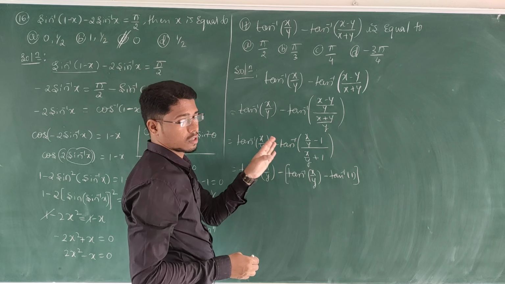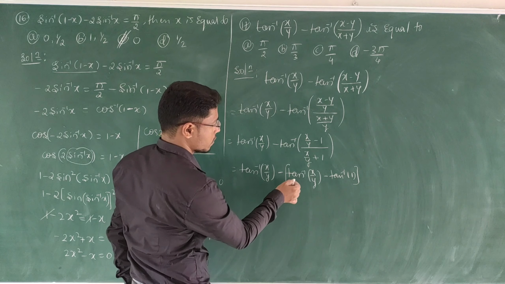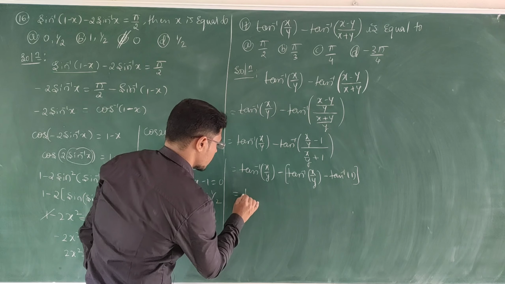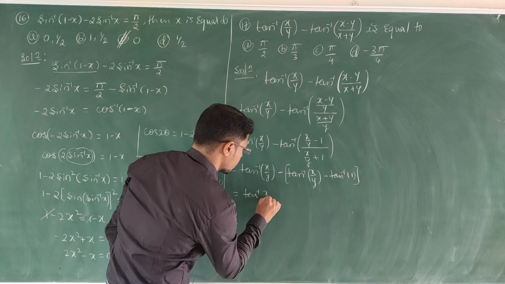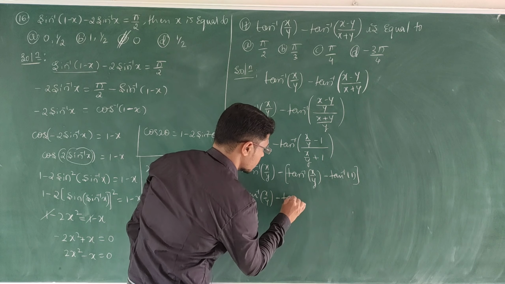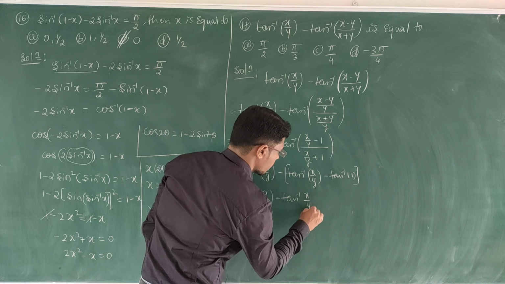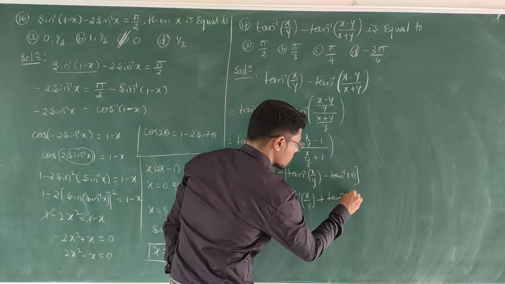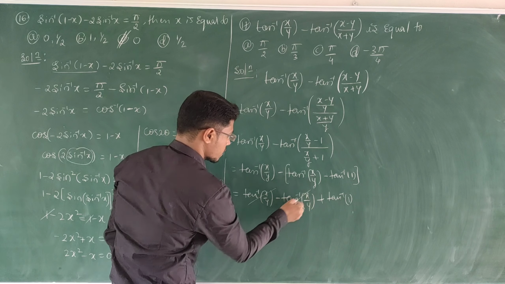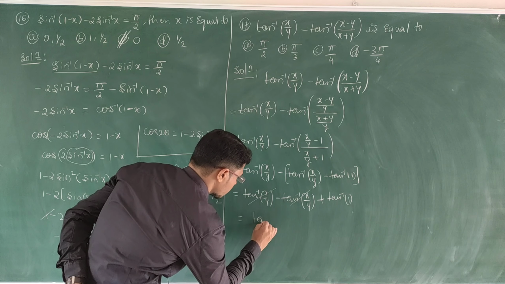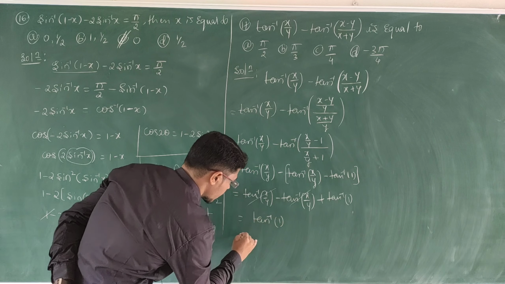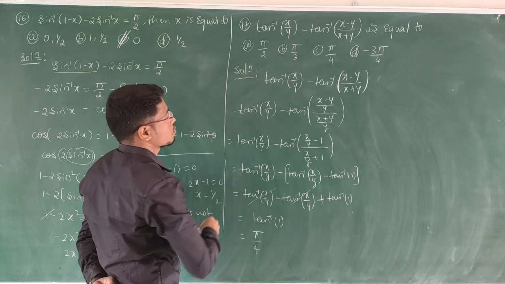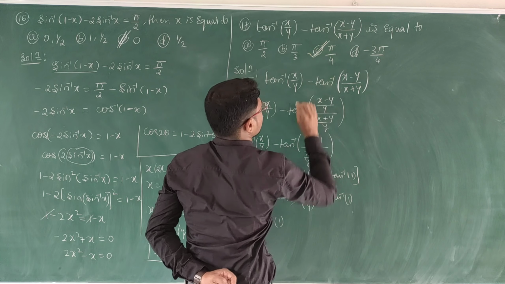Using the formula, tan inverse of x minus tan inverse of y equals tan inverse of x by y minus tan inverse of x by y; minus into minus gives plus tan inverse of 1. This cancels, remaining tan inverse of 1. Tan inverse of 1 is pi divided by 4. So the right option is C.